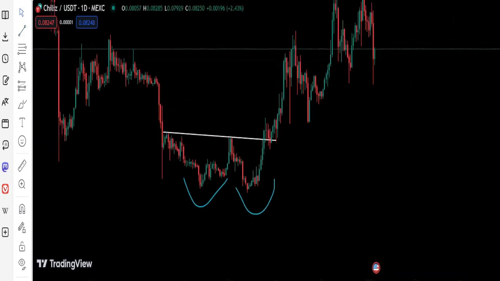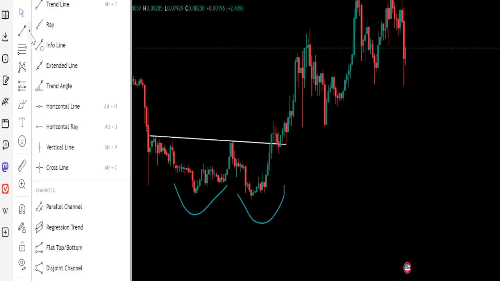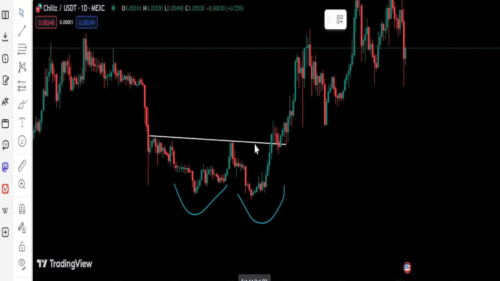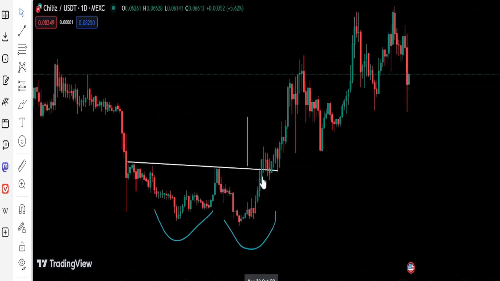So before we get into the entries of this pattern, our target price is this distance from here to here, right? So we can either enter the trade on the breakout.